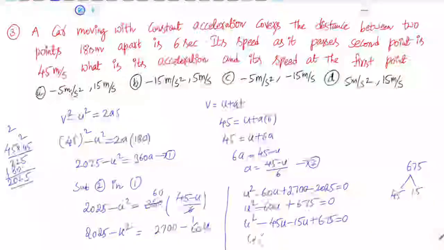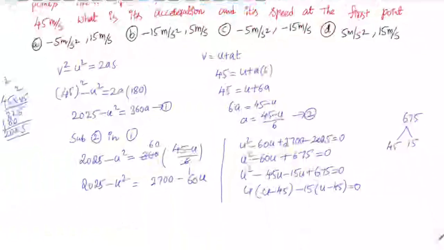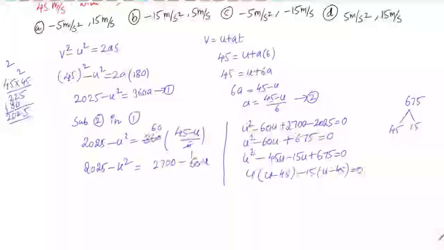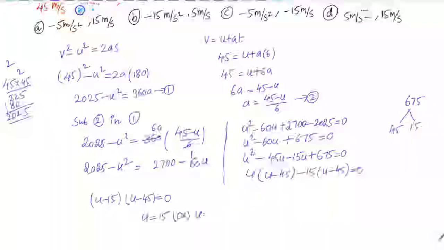You will have u into (u minus 45), and from the third and fourth terms you can take 15 common, (u minus 45) is equal to 0. Therefore, the quadratic equation becomes (u minus 15) into (u minus 45) is equal to 0. You can have two options: u is equal to 15 or u is equal to 45.